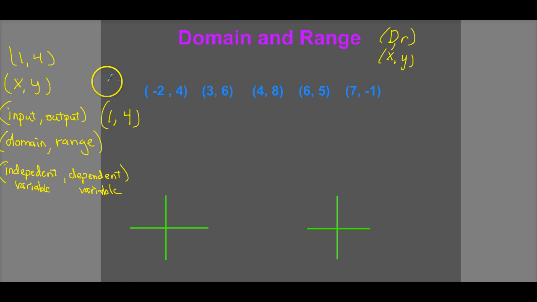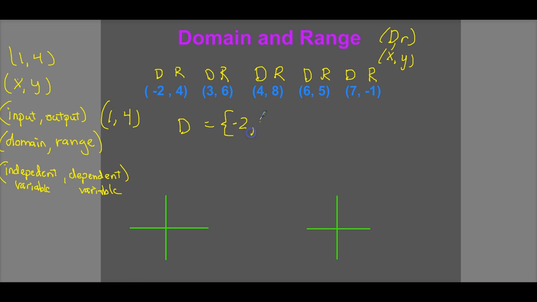So going over, looking at the coordinates, I'd say, okay, domain, range, domain, range, domain, range, domain, range, domain, range. So in order to show the domain values, I may say domain is equal to, and then I have a curvy bracket, and then I would pick all the domain values and put them in a set.